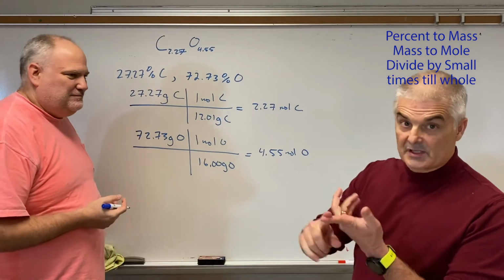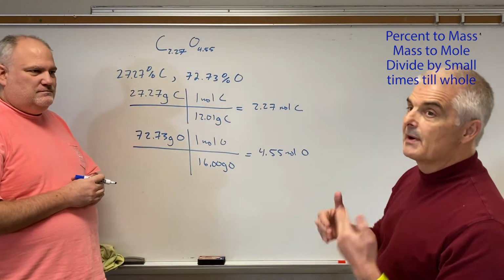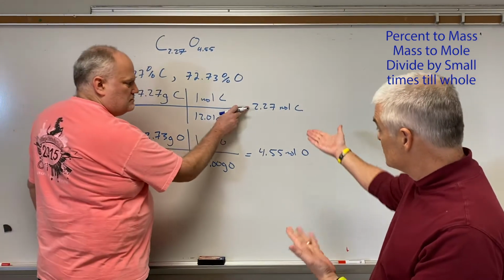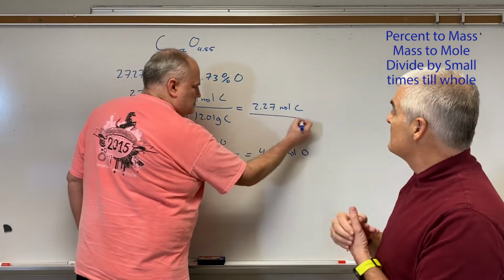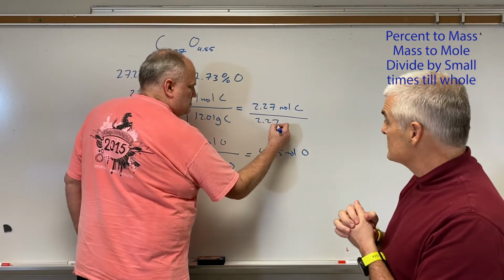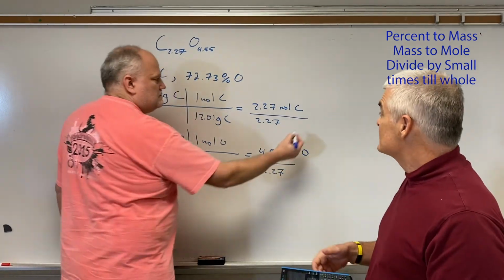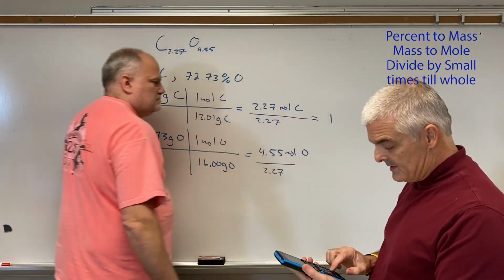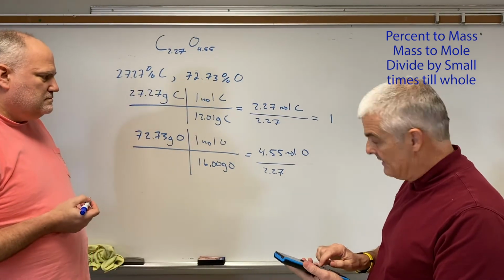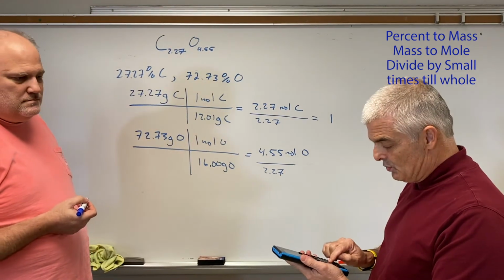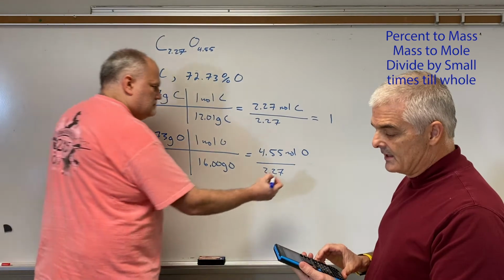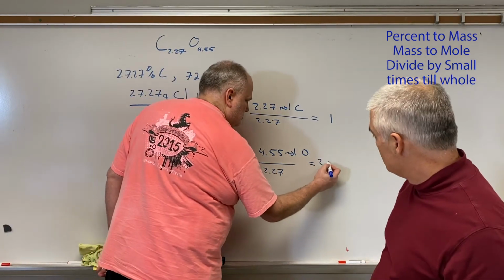So remember, it's percent to mass, mass to mole. Now we divide by small. You look at the smallest number, 2.27 is smaller than 4.55. So you divide both of them by the smallest number. So 2.27 divided by itself is of course equal to 1. But if I take 4.55 divided by 2.27, what I get is 2.004.